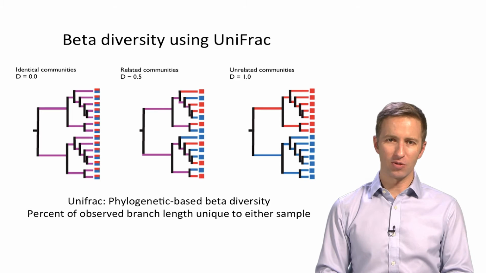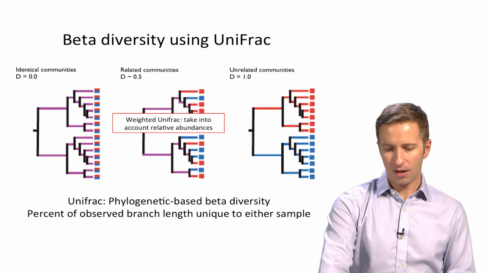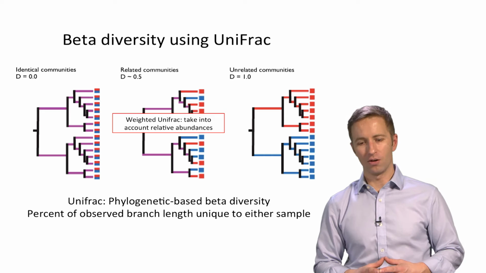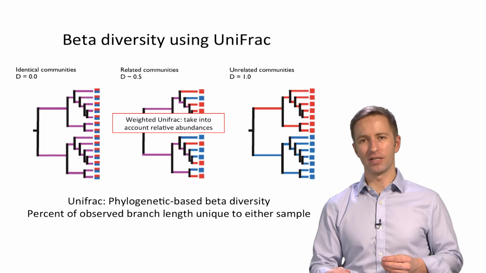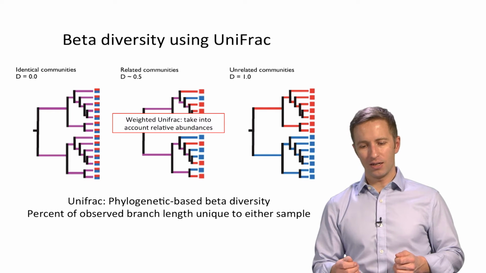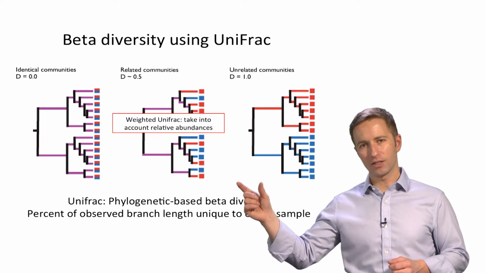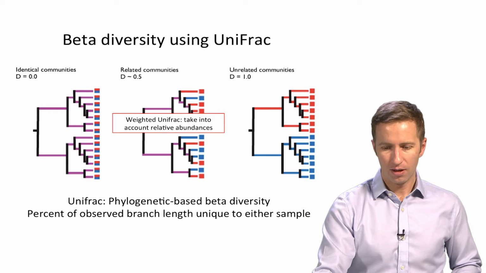It's the percent of the observed branch length that's unique to either sample. And there's also a version of this called weighted UniFrac that takes into account the relative abundances. It's no longer just the raw unique fractions. Now the branch lengths are weighted by how much there is of each bug in each sample.